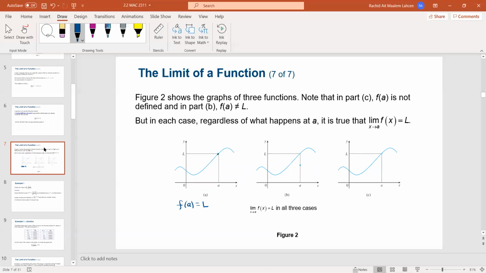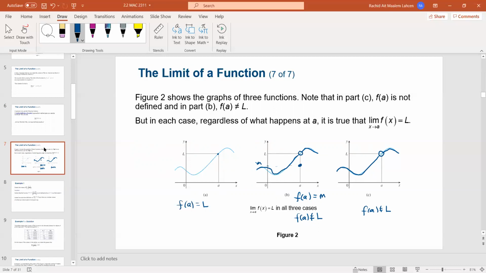In this graph there is a hole, and there is the output for A. So here f of A is whatever this value is, let's call it M, but not L, so f of A here is not L. And look at this graph, also there is a hole there, which means f of A is not L. So these are different graphs, and we need to understand what happens.